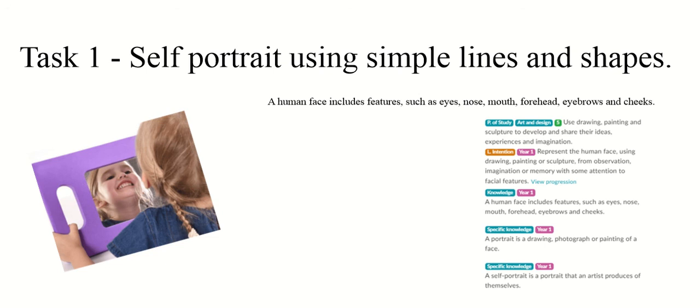So we are going to represent the human face from observation, imagination, or memory with some attention to facial features. Now remember, what is a facial feature? So a human face would include things such as an eye, eyes, nose, mouth, forehead, eyebrows, cheeks, hair.